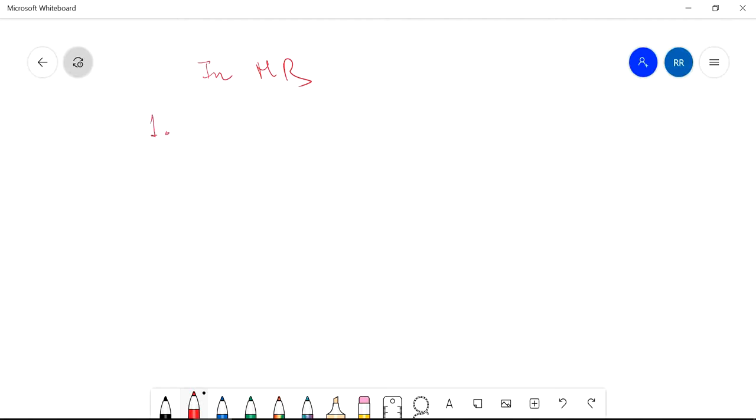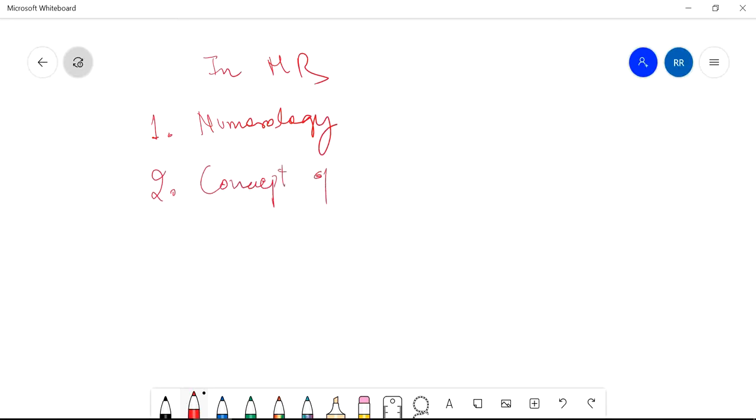Out of those, one is numerology. Second is the concept of mini slots. Third, there are many more, which I'll explain in coming sessions, not today.